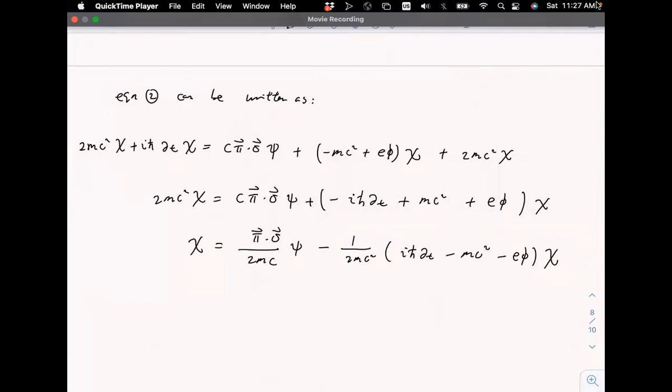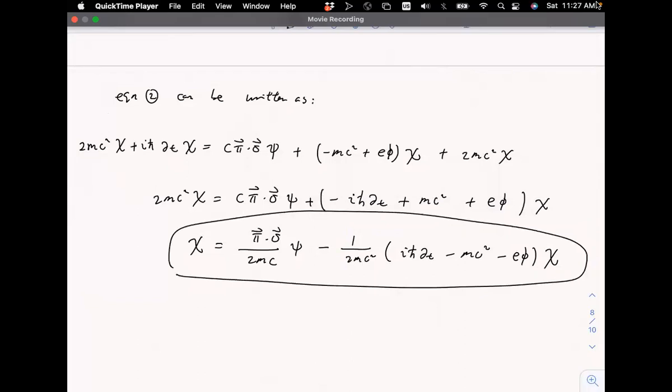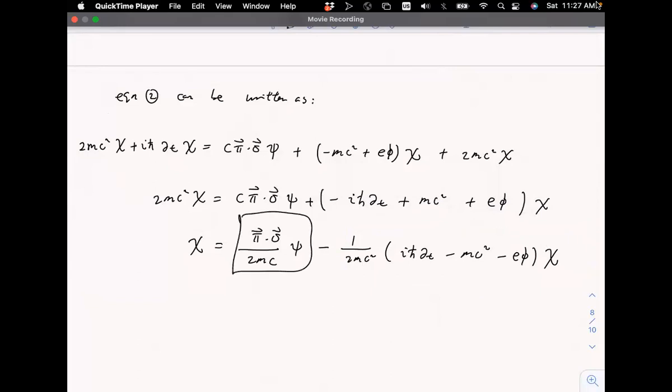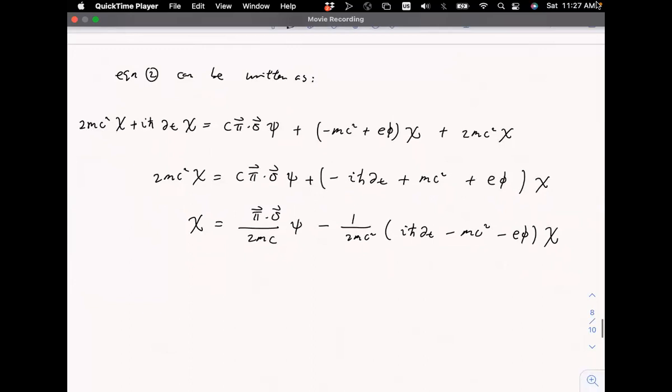So if this chi is originally small, then this basically is a good representation. Then you only take the leading term, then this will give you quite a good approximation. But of course, if chi is big, then it's another story. But if you know that chi is small, then this will give you a way to do expansion.